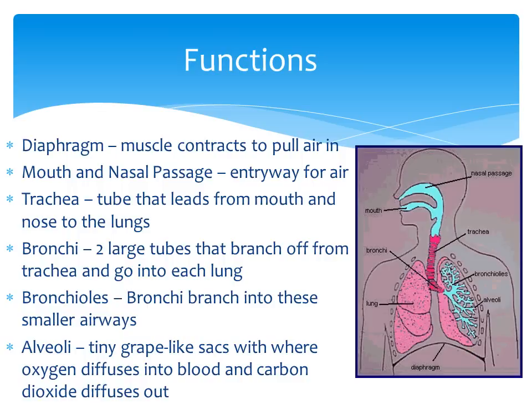Then the function of the mouth and the nose, the nasal passage, is just the entryway for air. The function of the trachea is to lead from the entryway down into the lungs. The function of the bronchi is to branch out from that single tube into each lung. The function of the bronchioles is to get smaller and smaller airways, because eventually we want to get to these tiny, tiny little alveoli.